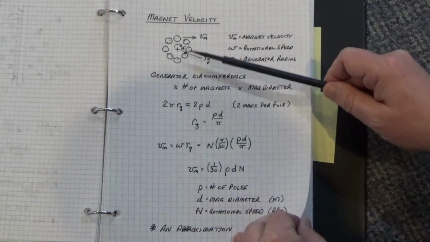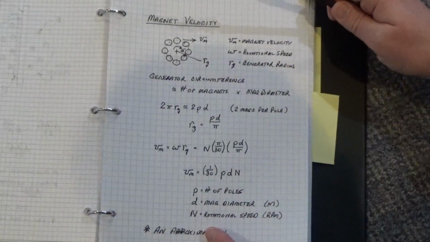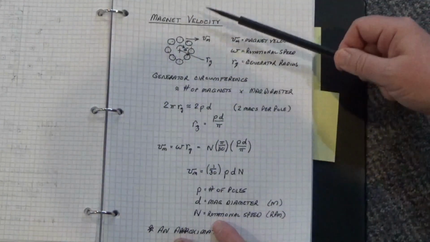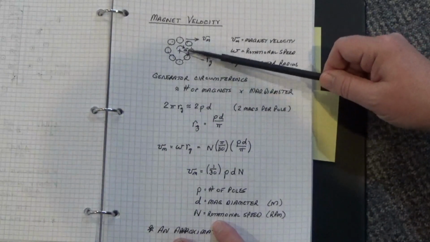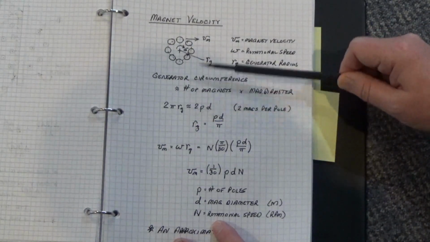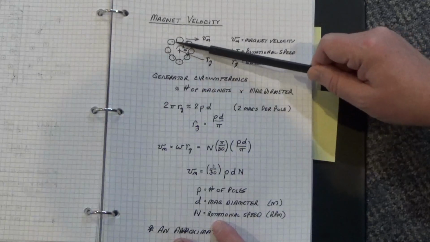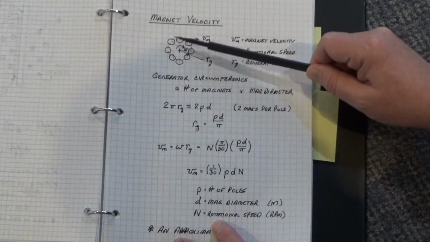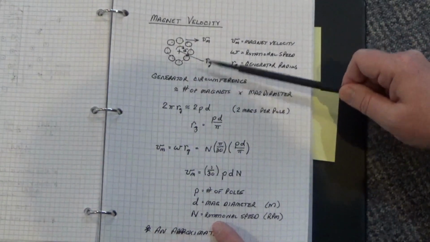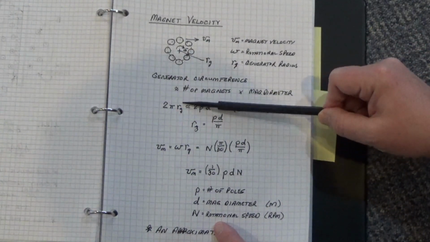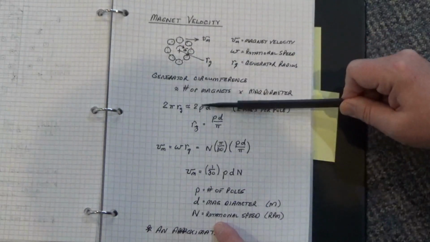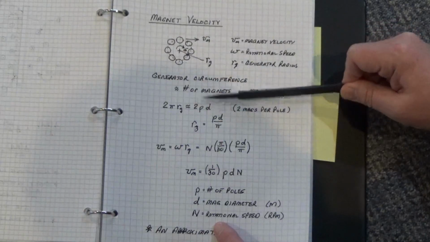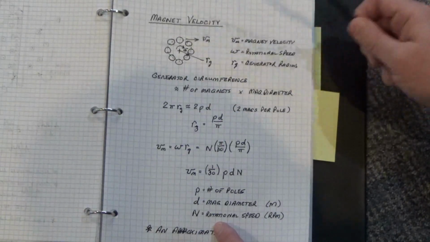And so we need to find this radius. Since we're designing this, we're going to look at different numbers of poles and diameters, so we need something to express this radius. And I'm modeling that as this is a circle, and the circumference is the sum of all these diameters. And so we have 2 pi times the radius, that's the circumference, is equal to twice the number of poles, because each pole is going to have a north and a south, times the diameter of the magnet.